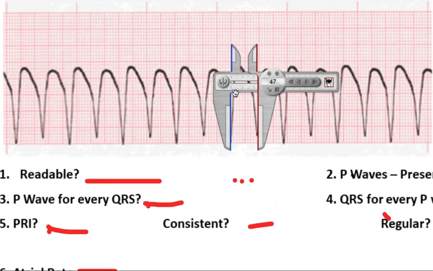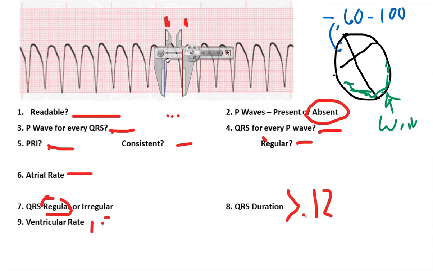So let's take a look at this. Here's where my QRS complex is going to be, right? Here's my next QRS complex. So 300, 150, so I'm looking at a ventricular rate of 150 beats per minute.